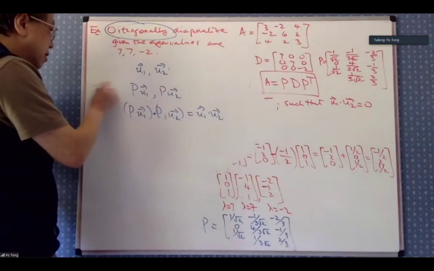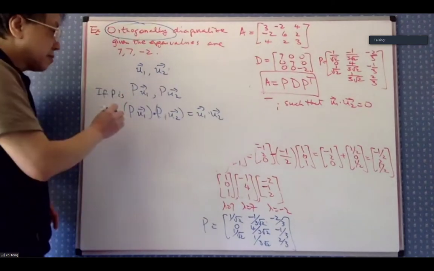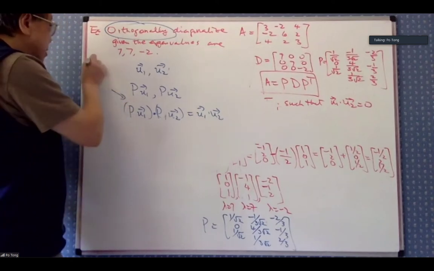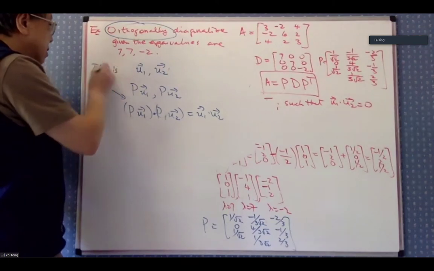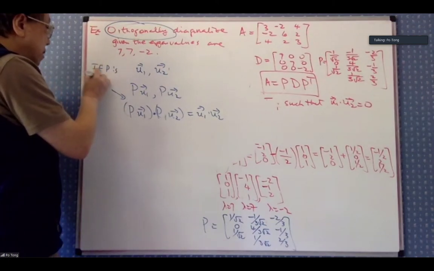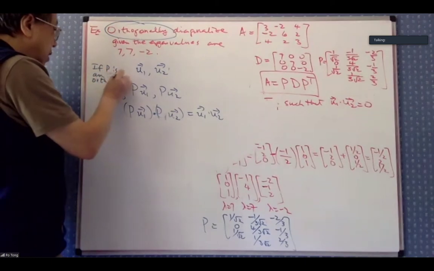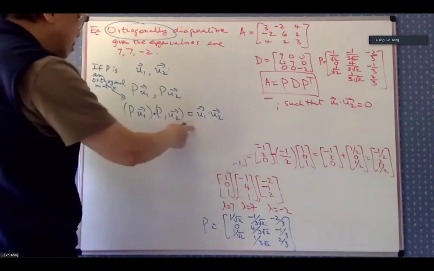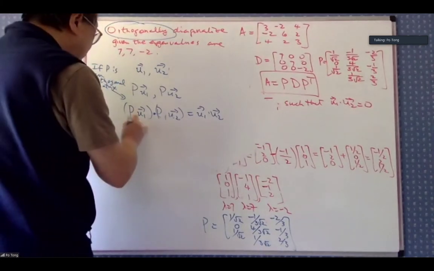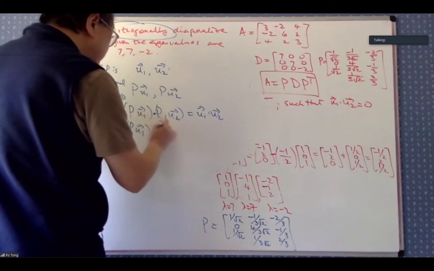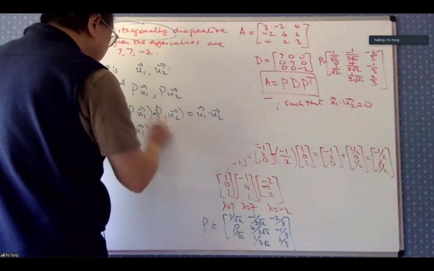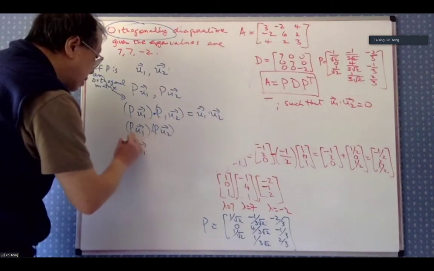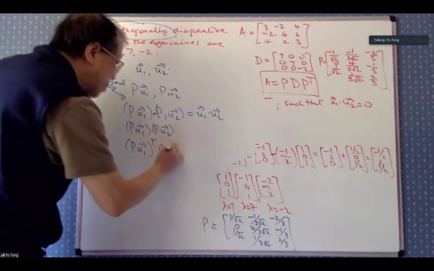This is under the assumption that P is an orthogonal matrix. So how do I show this? We just start out here. A dot product can be written as the transpose of this guy times this guy.